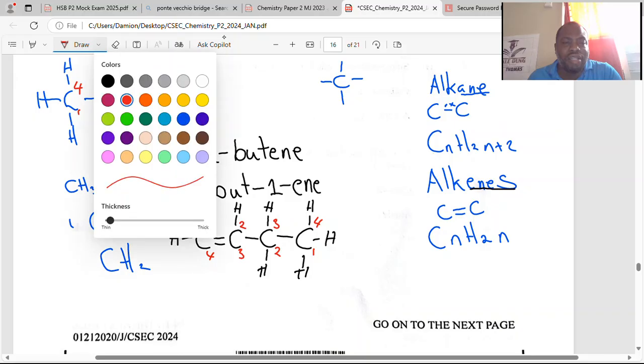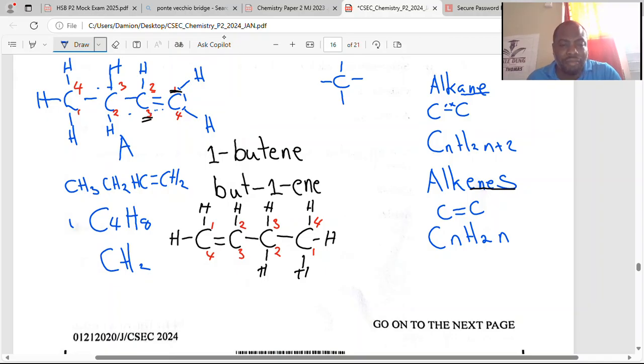We find ourselves in a situation where we're asking the question again: do we number from this way where we start at carbon number 1, or do we number from this way where we end up starting at carbon number 3?